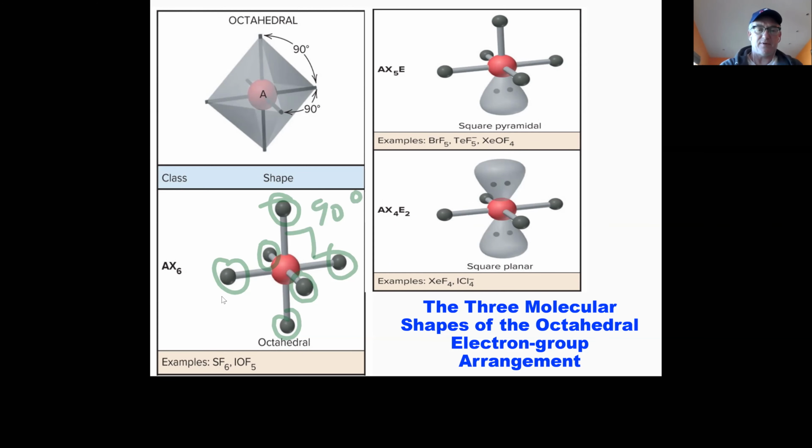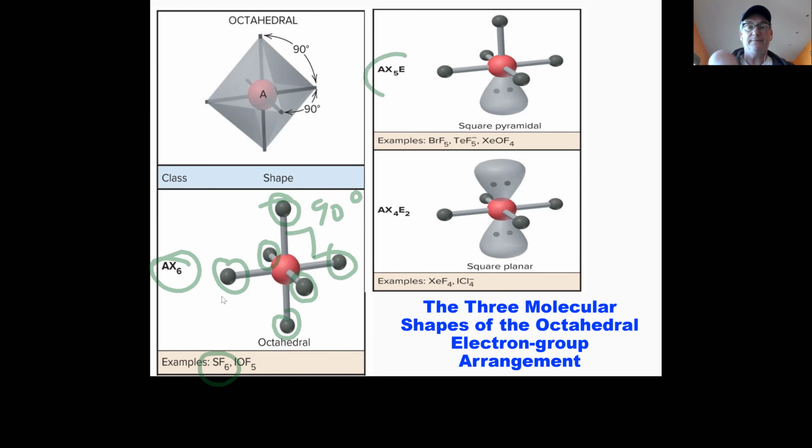Here are some examples where you have a central atom like sulfur and iodine, things that can have a large number of electrons and violate the octet rule a lot. Sulfur goes in there fairly frequently to make 6 bonds because it has 6 valence electrons. So when it's all atoms, we get the classic octahedral shape.